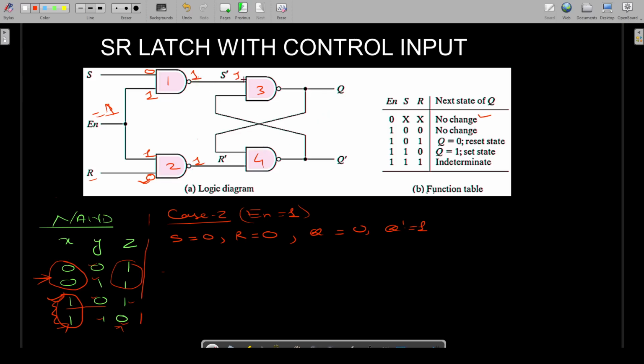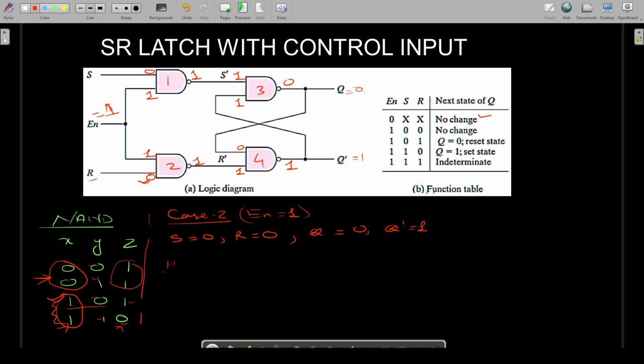That's because here one of the inputs is 1 and here one of the inputs is 1. Now Q equals 0 will appear here, so 1 0 will give me the output 1. The previous value of Q dash is 1, which is given here, so 1 1 will give me 0. So if you see, the previous state and the next state remain the same.